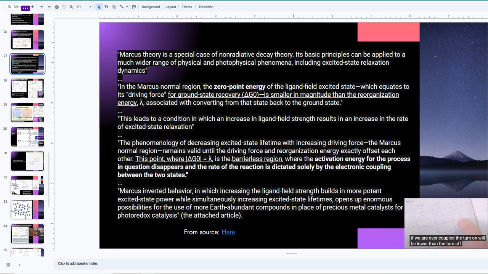or maybe your band gap, is the barrierless region. It's where the activation energy of the process in question disappears and the rate of reaction is dictated solely by the electronic coupling between the two states.